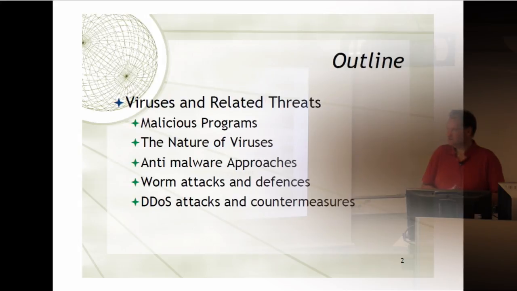And the question is, that payload, what is that? What is the idea with that payload? What can we do about it? So we'll dive into that a little bit as well. And then at the end, as you see, we'll talk about DDoS attacks and countermeasures against DDoS attacks. DDoS attacks are not directly malware, but they are often caused by malware or with the help of malware.